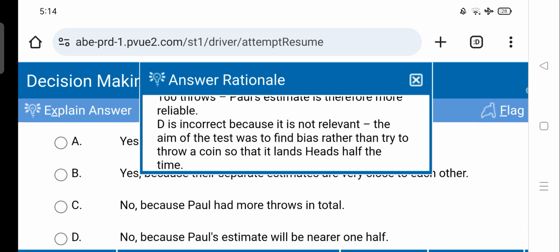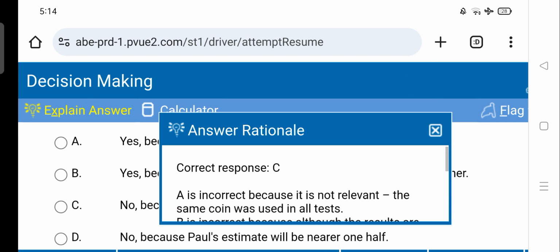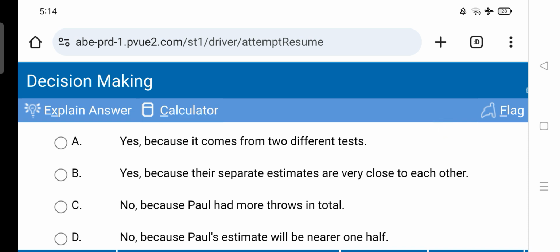The aim of the test was to find bias rather than try to throw a coin so that it lands heads half the time. So here we have option C as the correct option, which says no, because Paul had more throws in total.